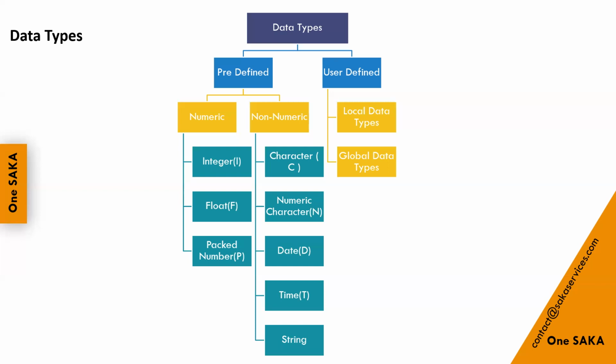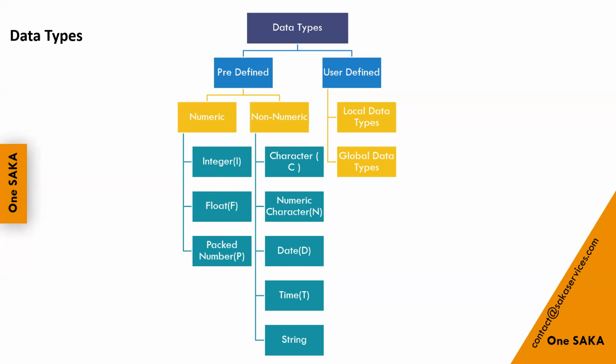We can also create our own data type based on the predefined data type. When we create our own data type, it's called user defined. If we are using an SAP defined data type, we say it is predefined, like character C, numeric character N, float for decimals, both float and packed for decimals.